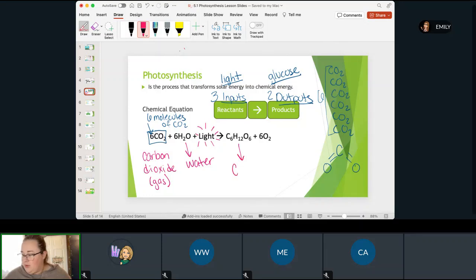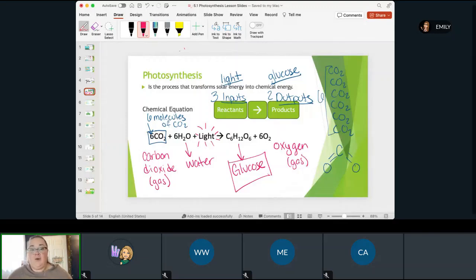So glucose is our main product from photosynthesis. There is one other product from photosynthesis. What is O2? Good, Gage. O2 is oxygen, also in the form of gas.